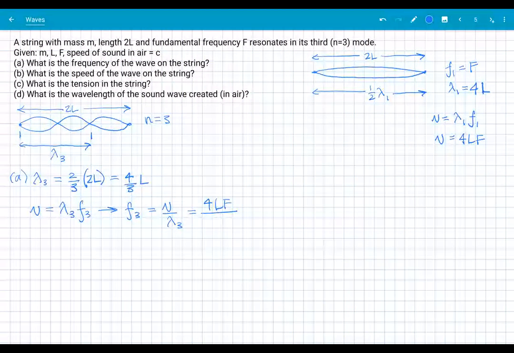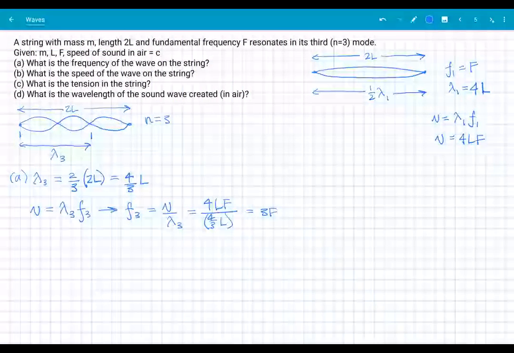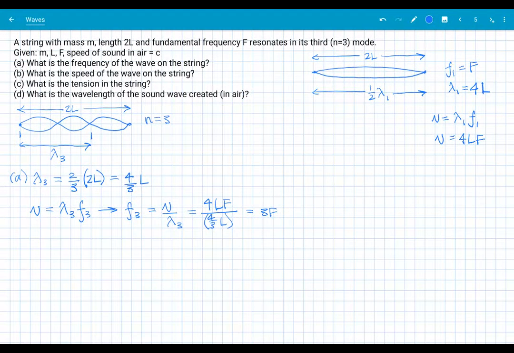I divide that by my third mode wavelength, which is 4/3 L, and what I'll get will be no surprise, and that's 3F. But I still wanted to take you through this exercise because it's good practice for working with these equations. These are small equations, but you really have to use them in the right way. So there's our part A.